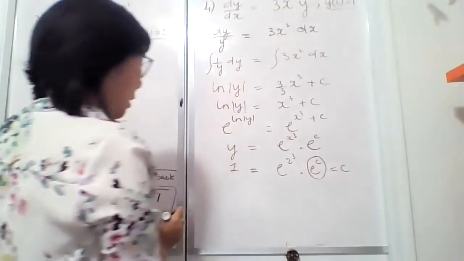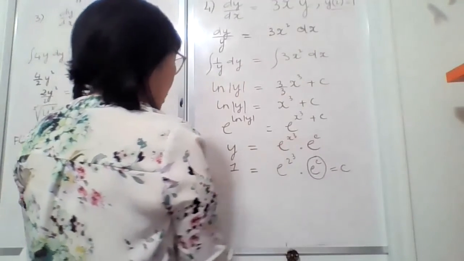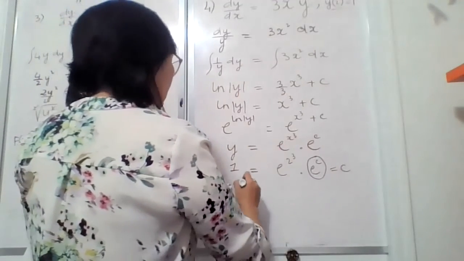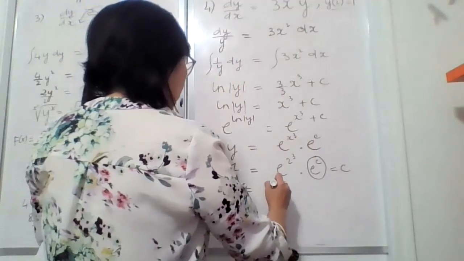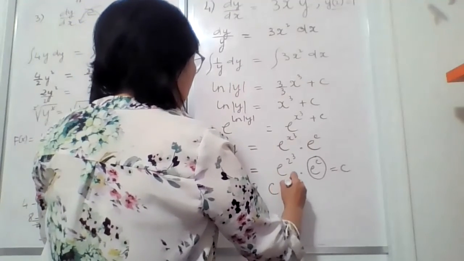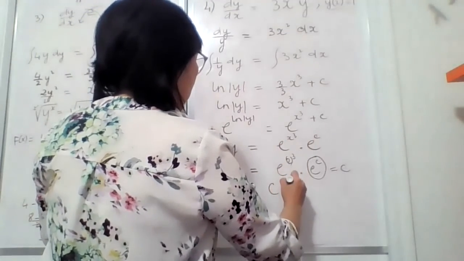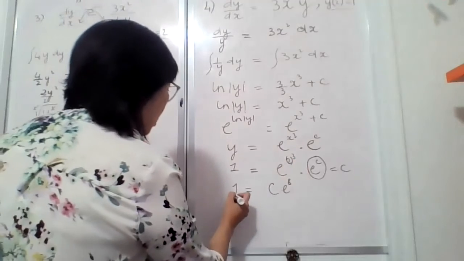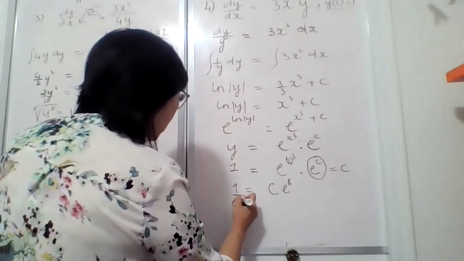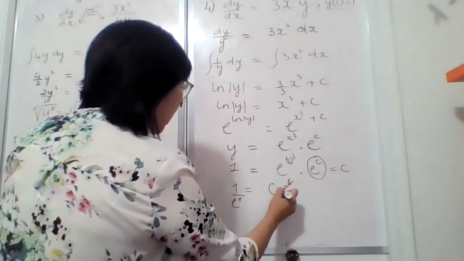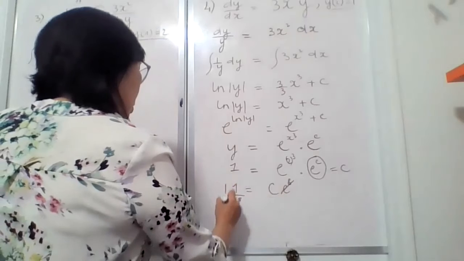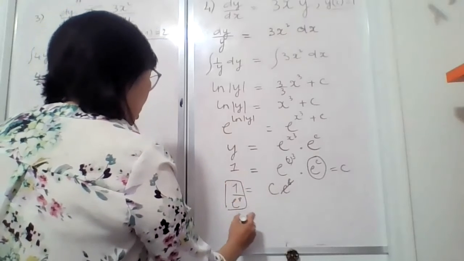So I'm going to make it like c, right? Actually, I should do that here, right? So 1 equal c e to the 8. So 1 divided by e to the power 8 equals c. So we have this equal c.